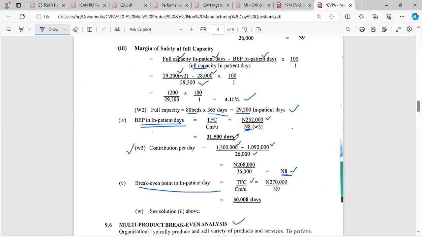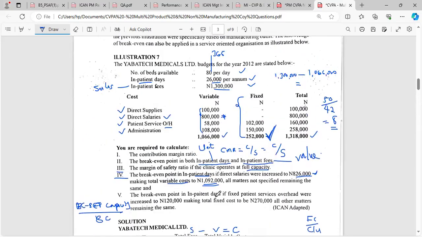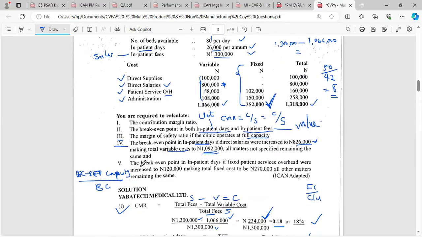Then the final one asks us to calculate the break-even point in inpatient days if fixed patient service overhead will increase to 120,000. Let's go and check.